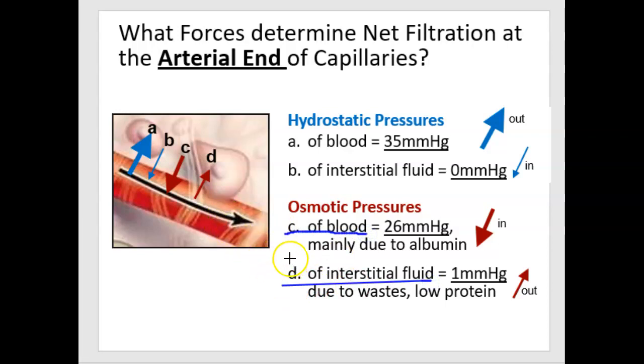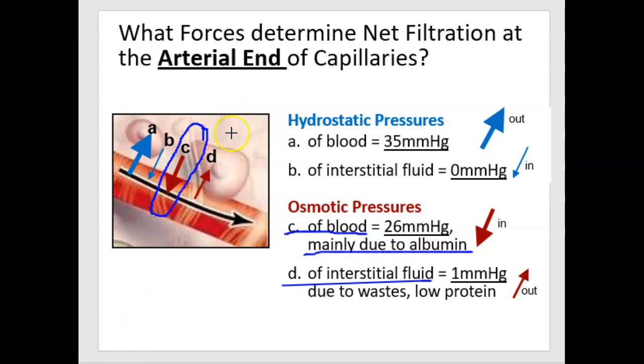Osmotic pressure is mainly due to solute concentrations, and in the blood, this is mainly due to albumin, because albumin is such a large protein that doesn't get filtered out. So albumin attracts water. Water from the interstitial space will come back into the blood because water will diffuse to that higher concentration.